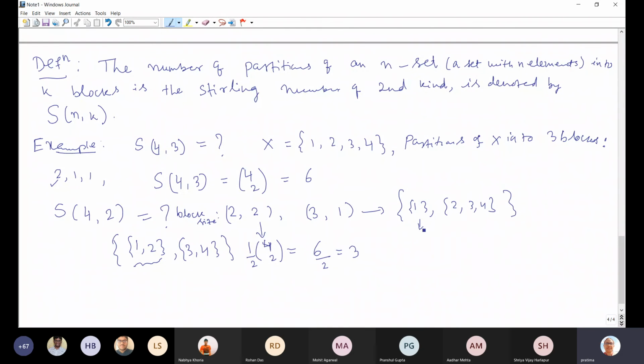The total number of such partitions is 4, since 4 elements are there. Hence S(4,2) is equal to 3 plus 4, that is 7. Right, it is all right.